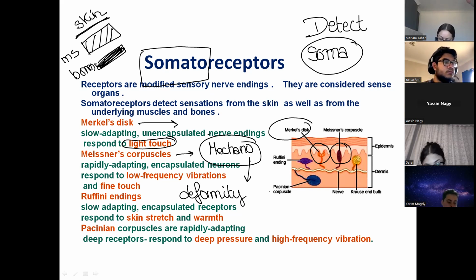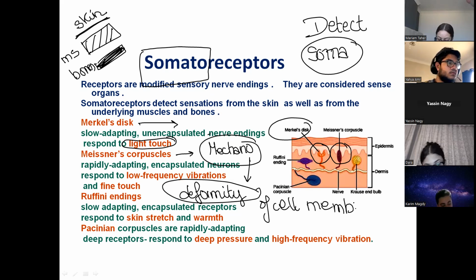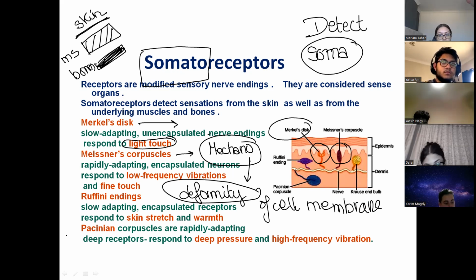When you apply mechanical force, deformity of the cell membrane of these receptors occurs. There is a cell membrane around the axon called the neurolemma, which we will see in the nervous system. So they are mechanoreceptors. After that we will talk about a third mechanoreceptor.